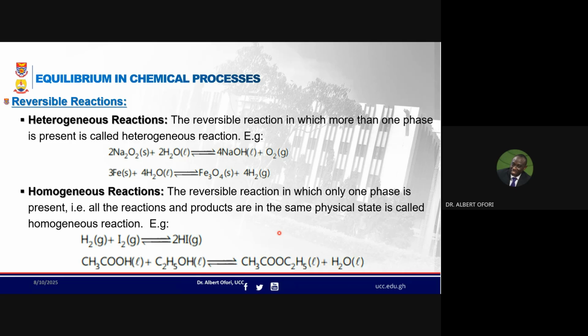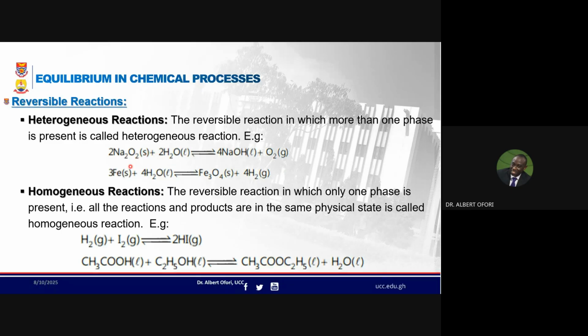Okay, so the state of every chemical reaction must be clearly noted. Now, when there's a mixture of phases, like a gas mixing with a liquid, or a solid mixing with a liquid or gas, that reaction we call a heterogeneous reaction. It has more than one phase.